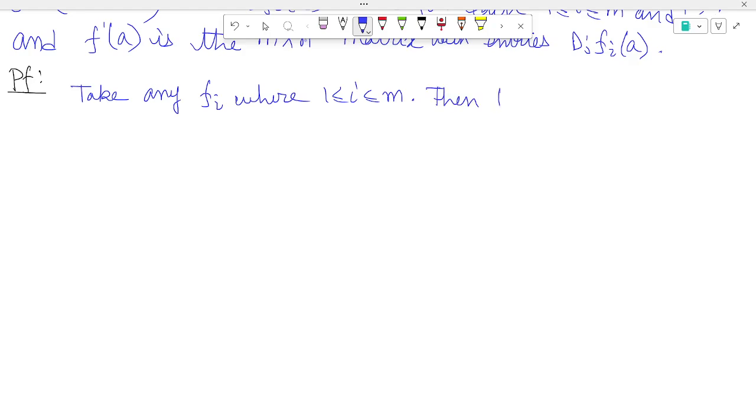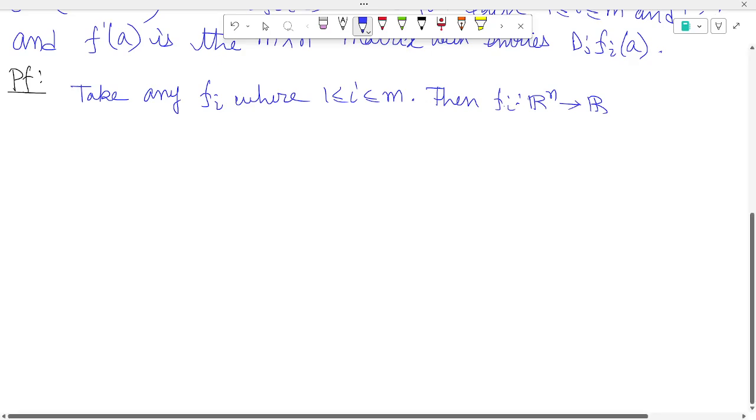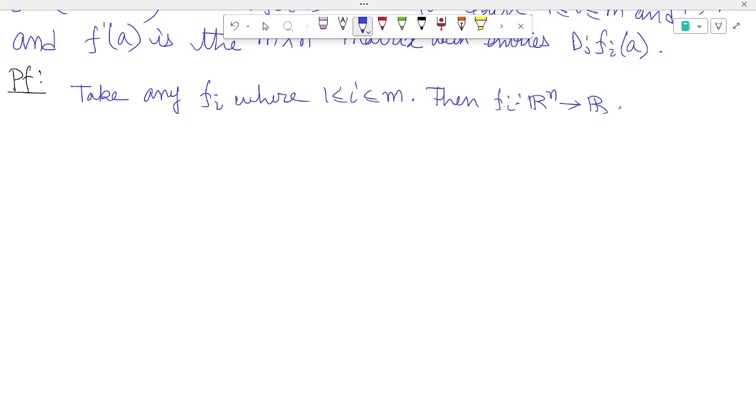Then fi is a map from Rn to R. We are defining a new function. It is the same thing we did in the previous lecture, when linking the partial derivative with a single variable derivative.